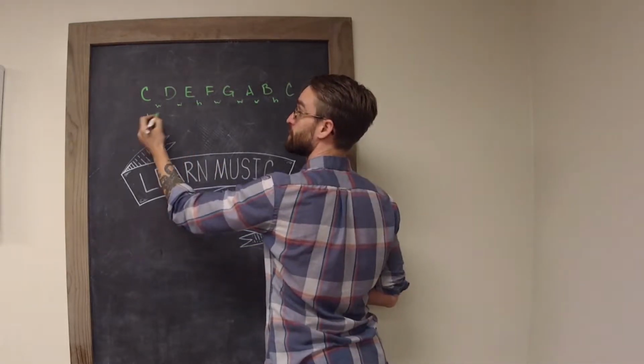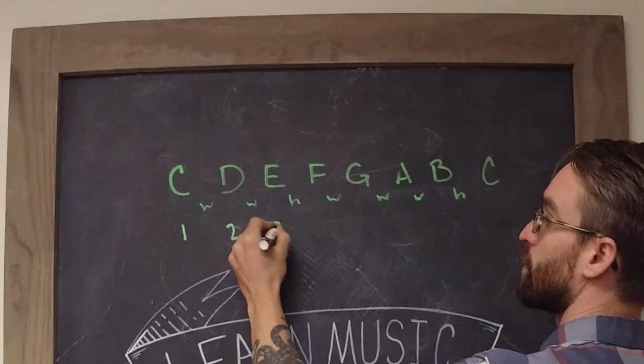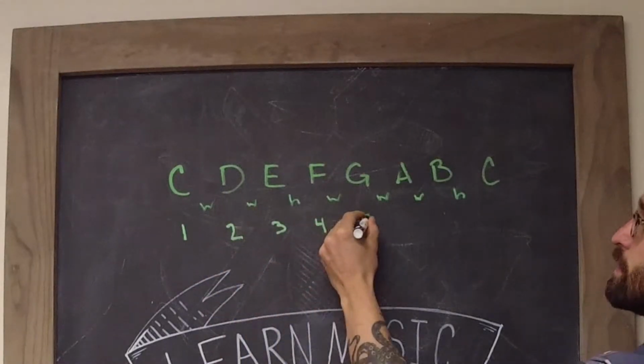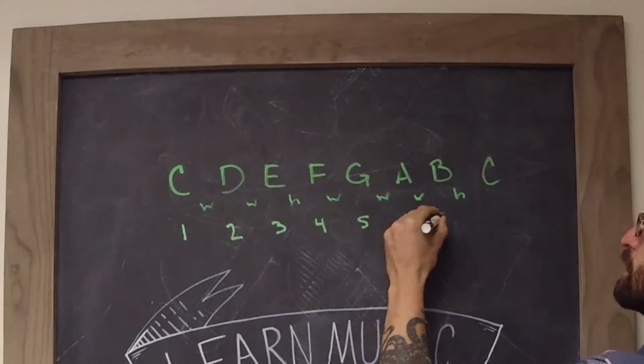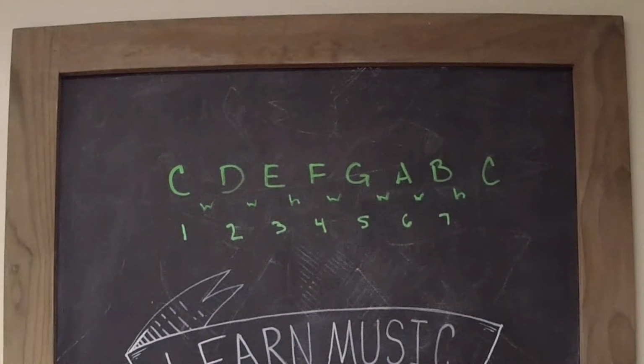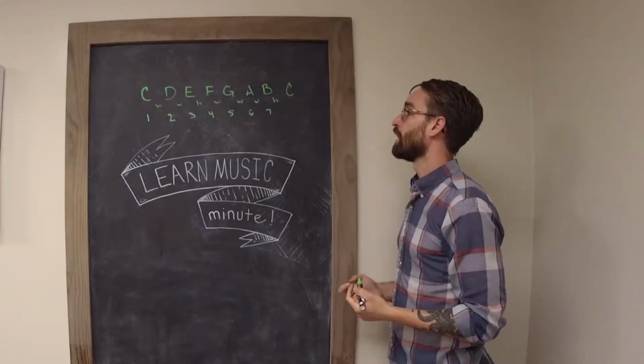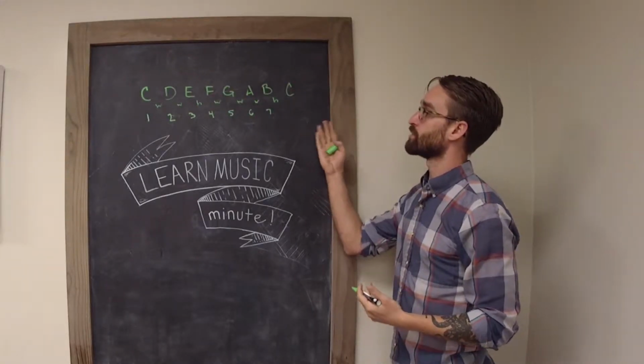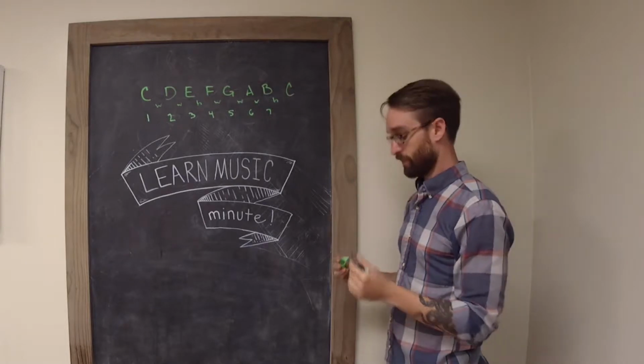This would be your first degree, second, third, fourth, fifth, sixth, and seventh. And we're not going to talk about this one because that's the same as the beginning. That's our octave, but since it's the same, we're just going to talk about these 7 here, okay?